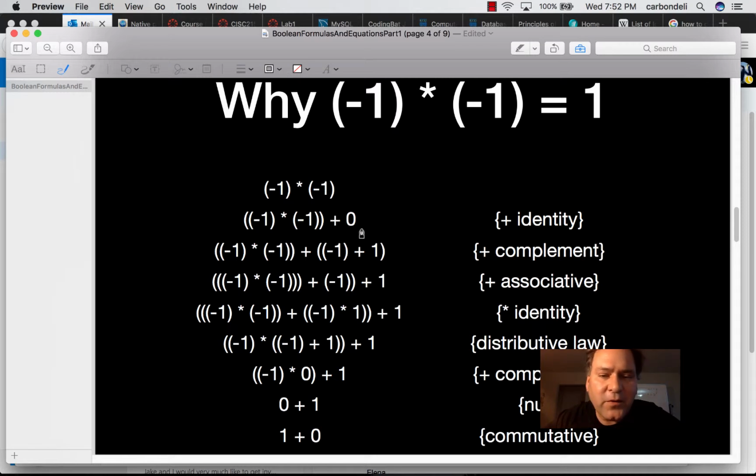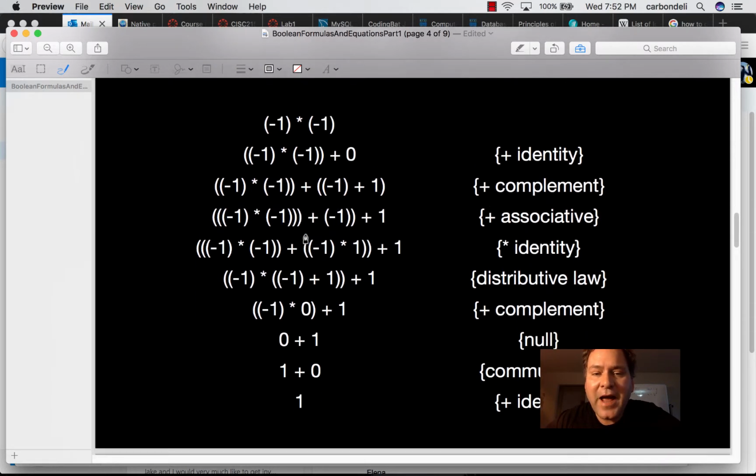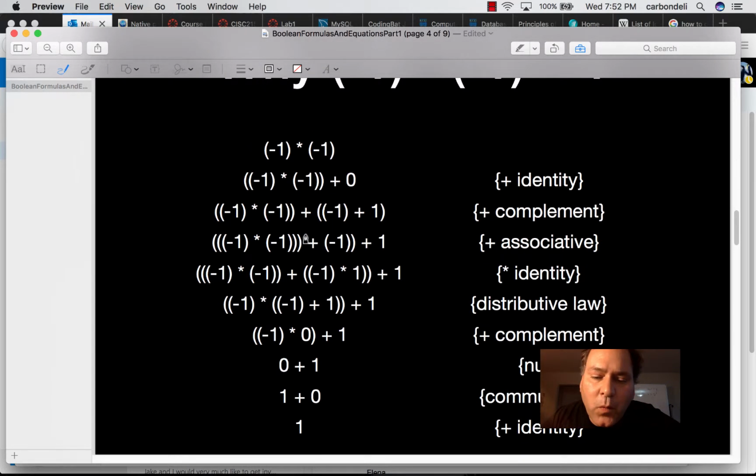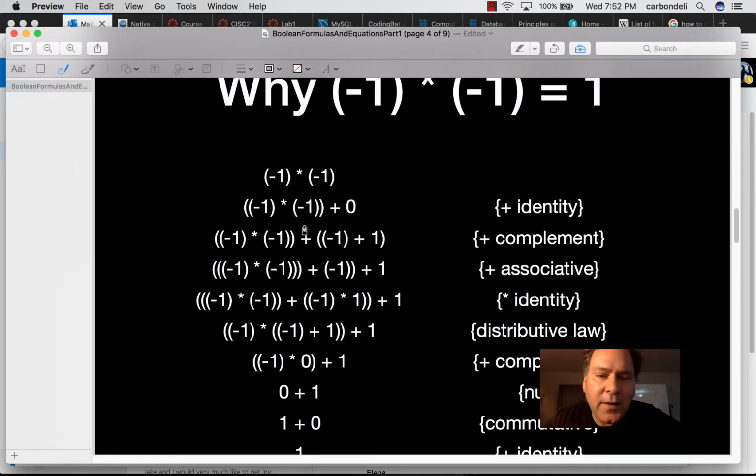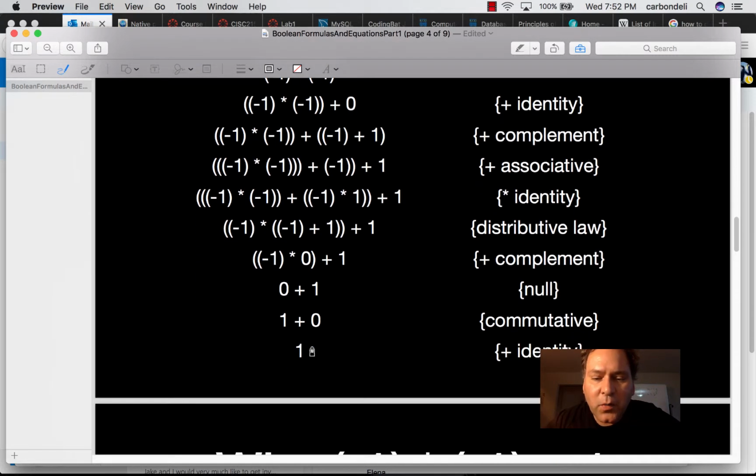So you can see, for example, that we want to prove that negative 1 times negative 1 is equal to 1. All the way up here at the top, we have negative 1 times negative 1. All the way down here at the bottom, we have 1.